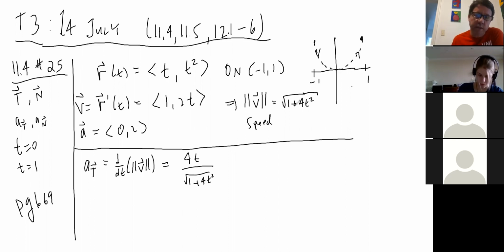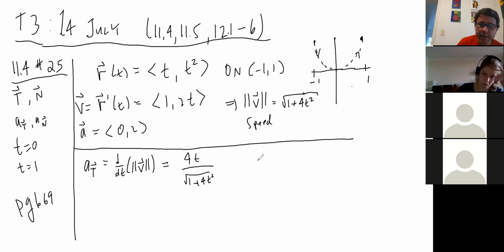So you rewrite that as 1 plus 4t squared to the positive a half. You take the derivative, half comes down, it becomes 1 plus 4t squared to the minus a half, which means the square root will be shifted to the bottom. You take the derivative of the inside, which will be 8t, but you also have that half that came down from the derivative. So that's the tangential component, depending on the time and the position that you're at.